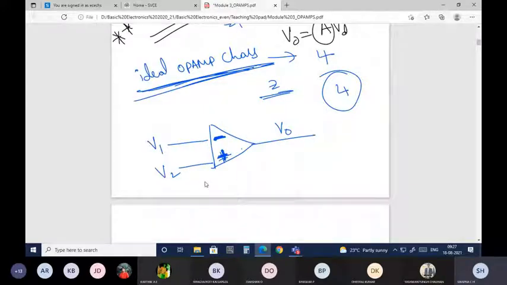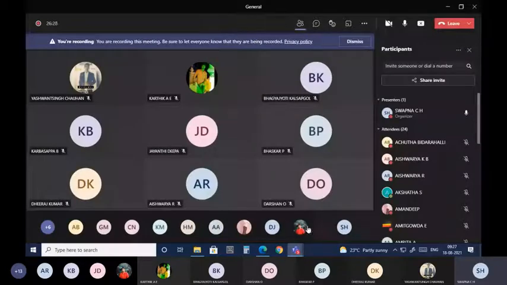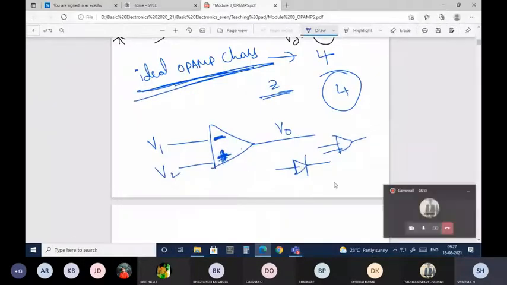And with the symbol also, people were drawing it in different ways, whatever they wanted, just like this without any inverting or non-inverting terminals shown. So this is not right. Always these three terminals are a must, along with the plus and minus sign within the op-amp. So this is a very important thing to be noted. Okay, hope you people are following, right?